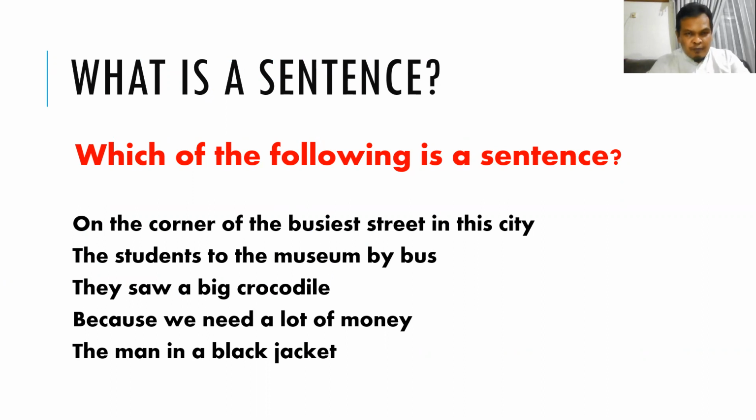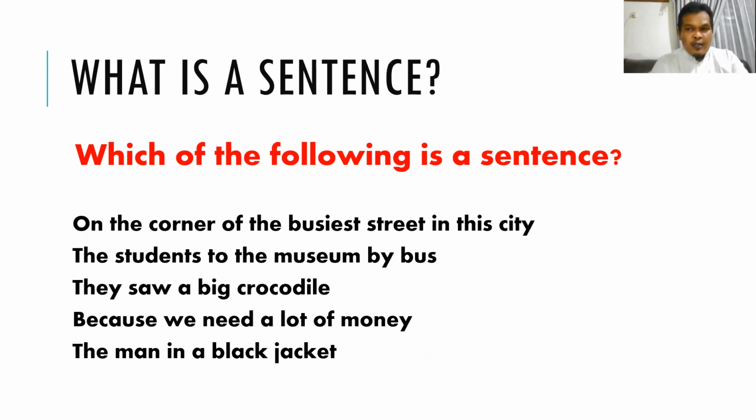That is, they saw a big crocodile. Okay, very good. In other words, the other 4 groups of phrases do not belong to a sentence. Why? Because they do not meet the criteria of a sentence.